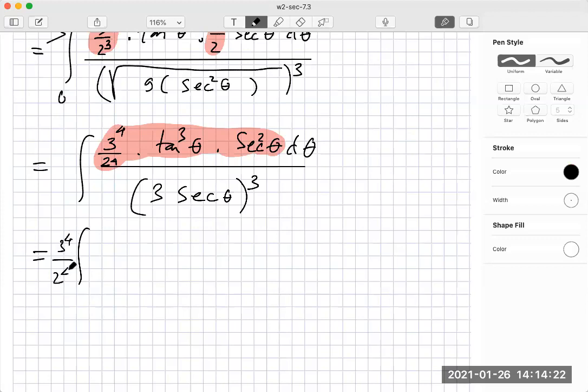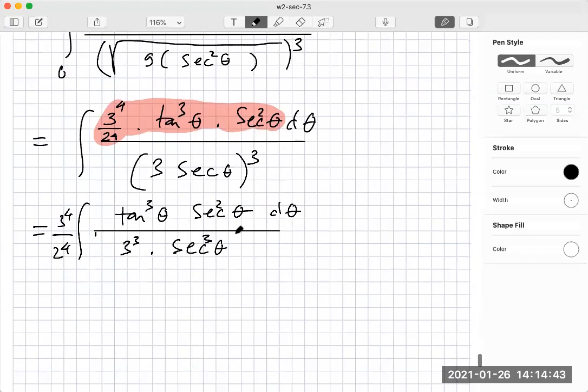Here, this guy is 3 times secant theta to the 3. A product raised to the 3, each of them will be raised to the 3.